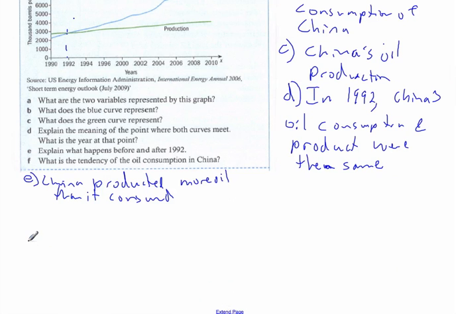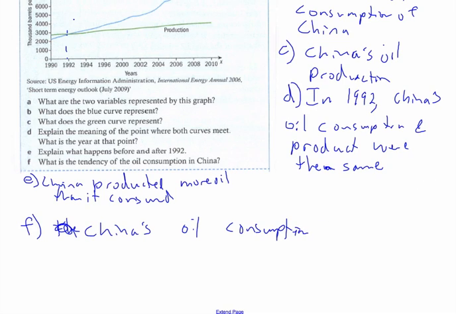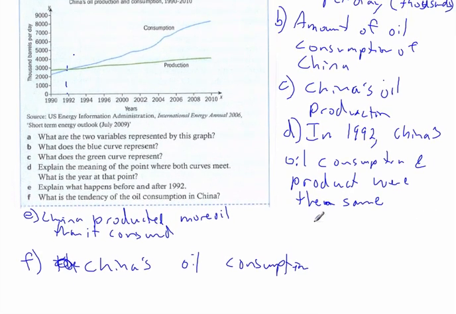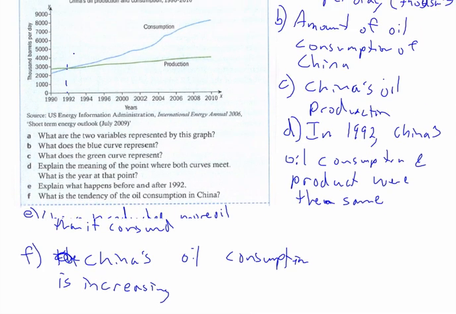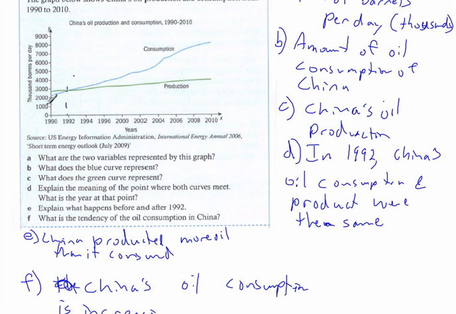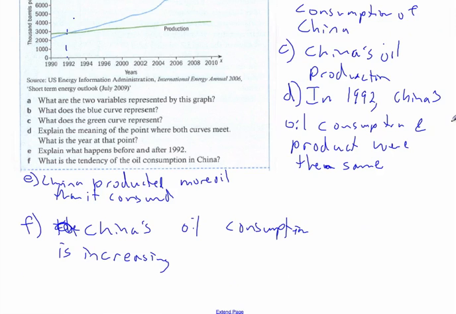The tendency is, you say that China's oil consumption is increasing. Okay, now you could maybe type this data into a calculator. It looks like it's kind of linear. So maybe we could probably do a regression line in GeoGebra or something like that. But it looks like it's increasing linearly.